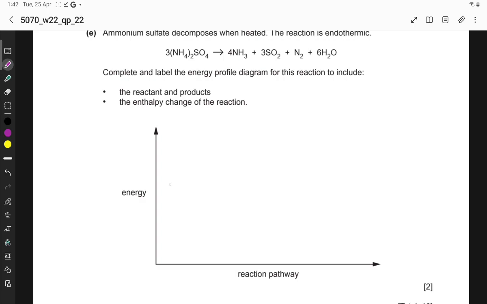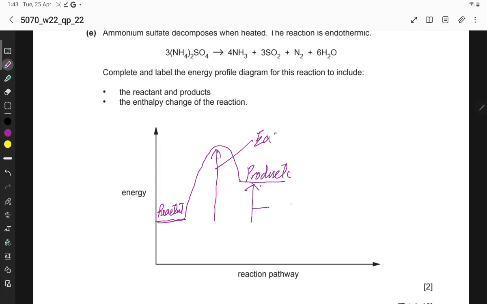So reactants are always on the left side, so over here reactants, and this is products, and this is activation energy, and this is enthalpy change, delta H, the enthalpy change of the reaction.